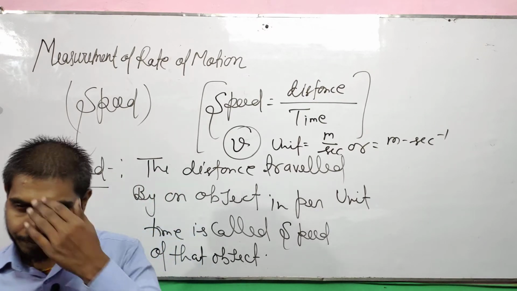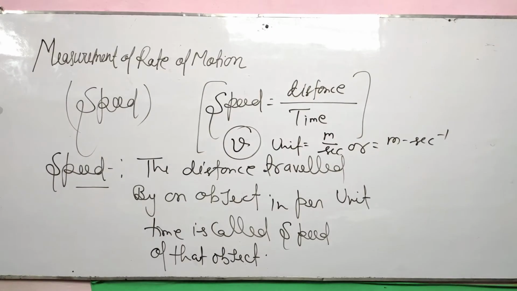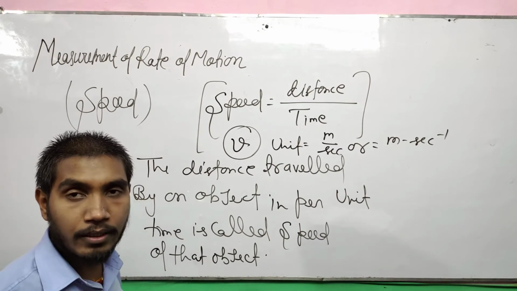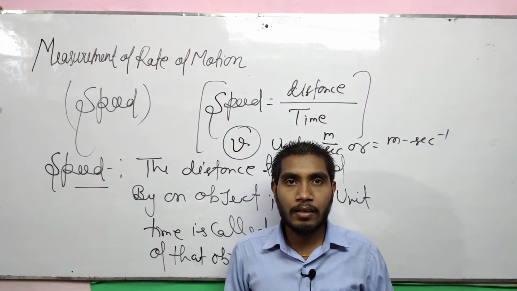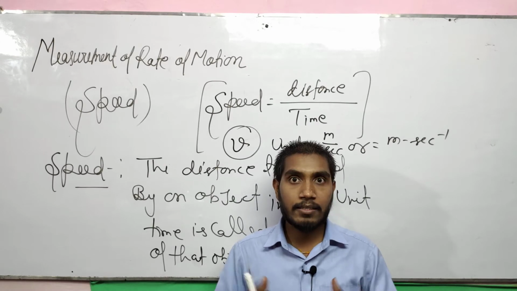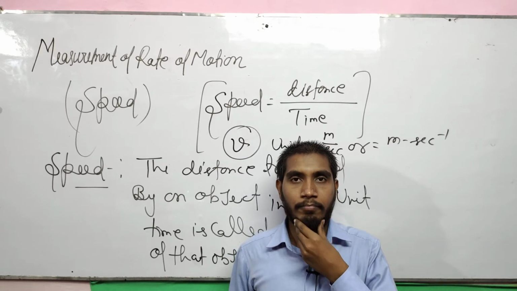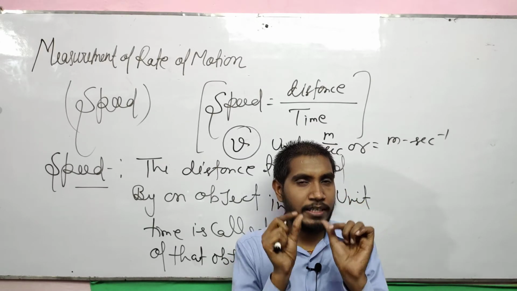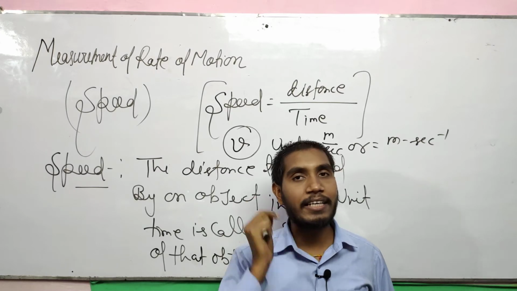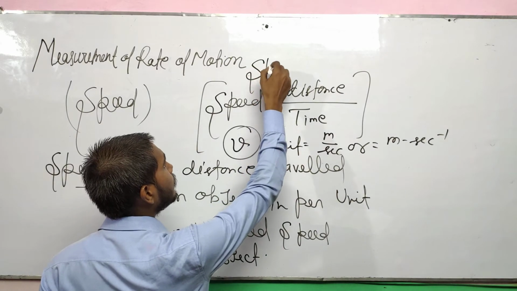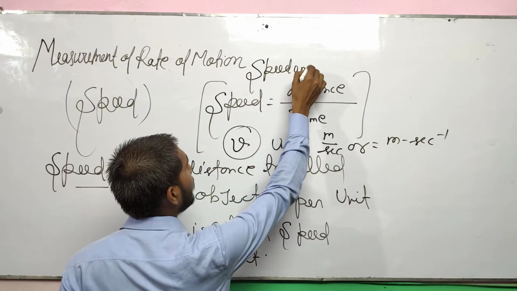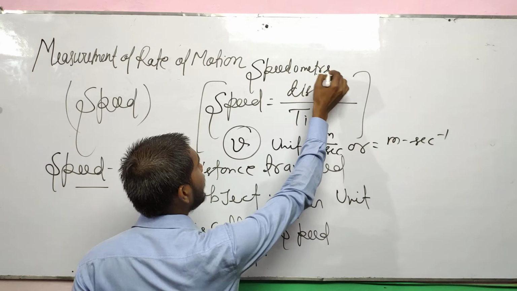Understood, beta? And now I want to tell you something else. In automobiles, meaning scooters, bikes, there is an instrument fitted that is called a speedometer.